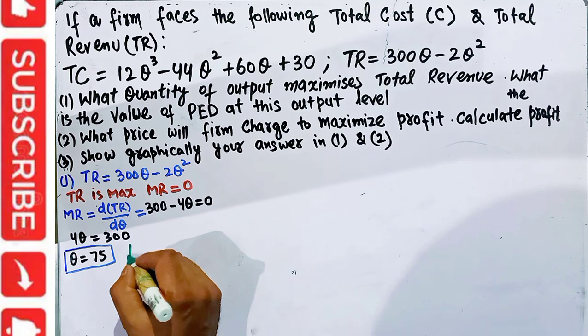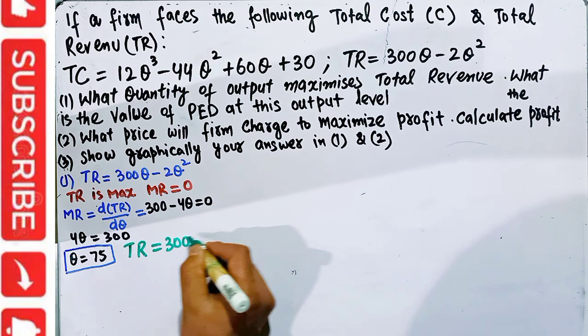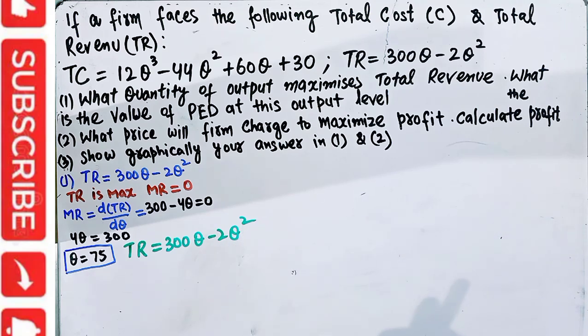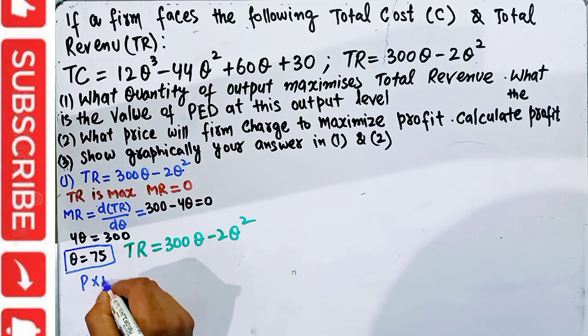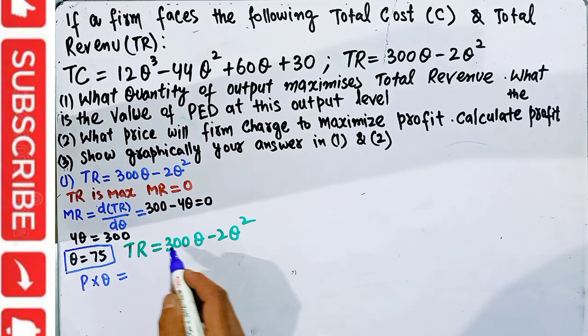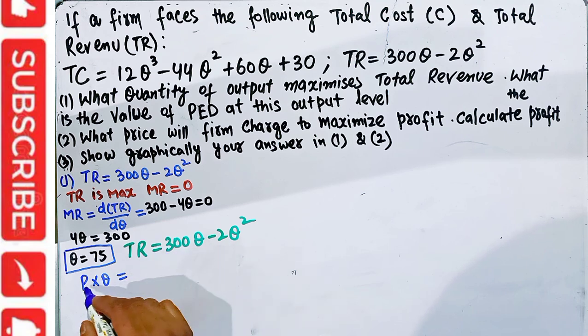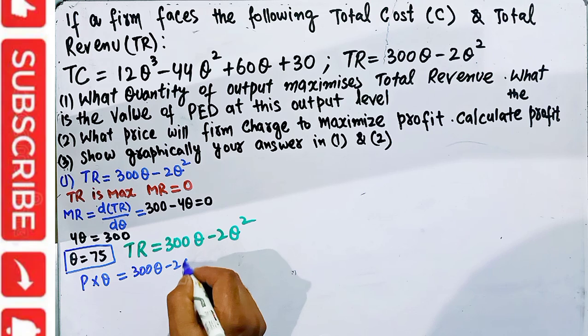We know the total revenue function is 300q minus 2q square. Simple thing. We also know that total revenue is simply price into output. So total revenue is equal to price into quantity, so p into q will be equal to 300q minus 2q square.